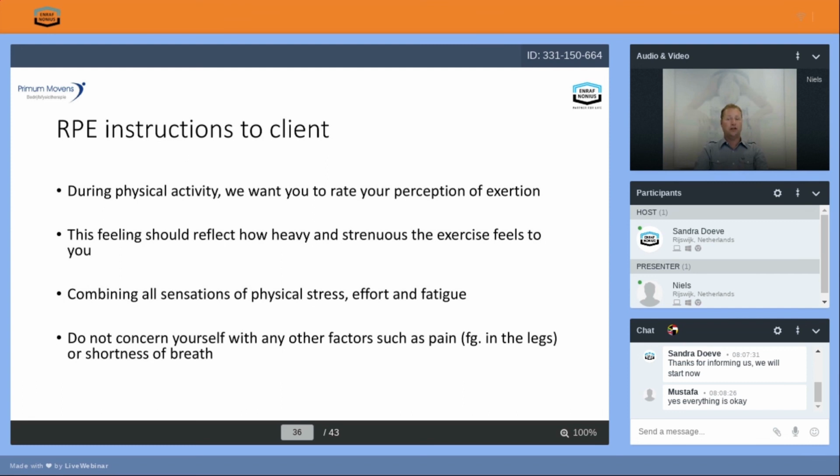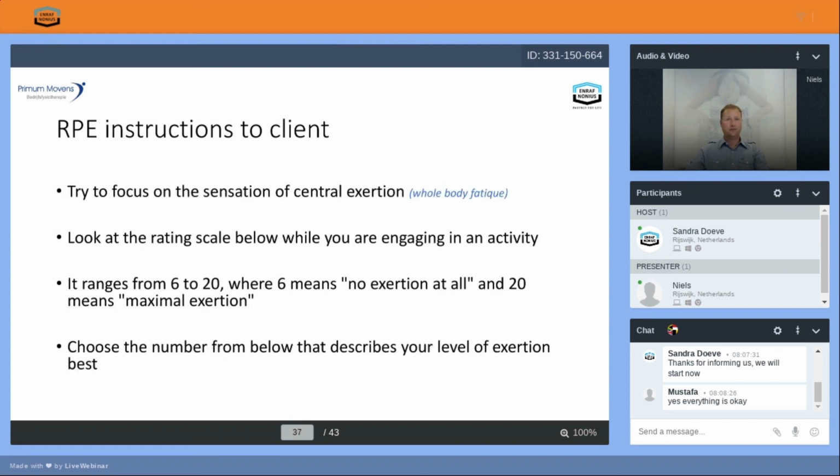You only want to know how heavy the exercise is. You tell the patient to focus on the sensation of the central exertion, the whole body fatigue. When you're on a bike or on a treadmill, you might feel the burning in your legs. That's not interesting. You talk about the whole body's fatigue sensation.